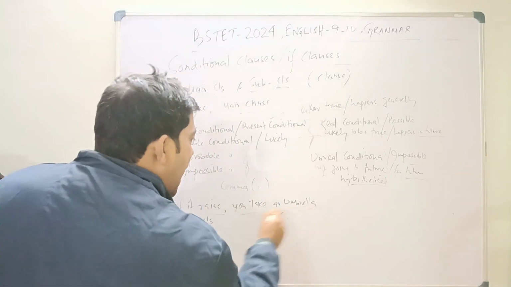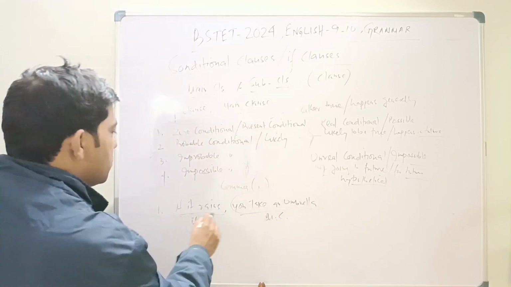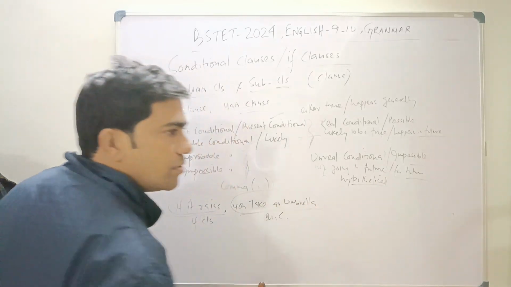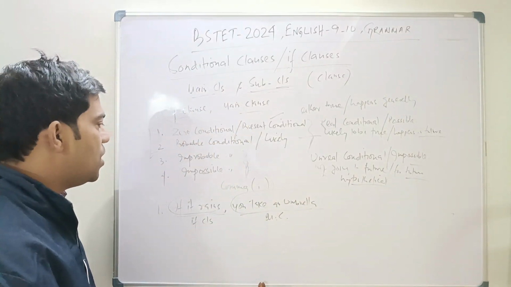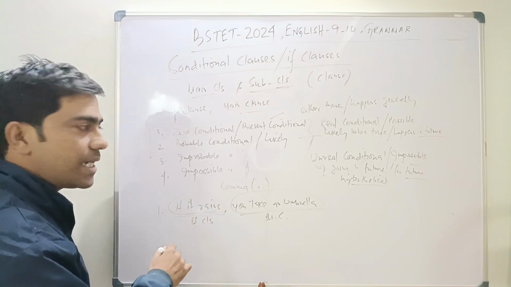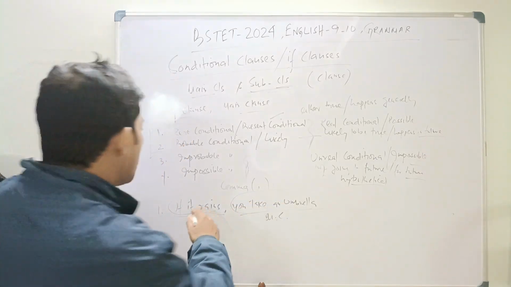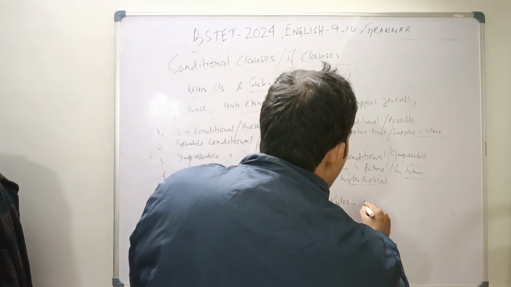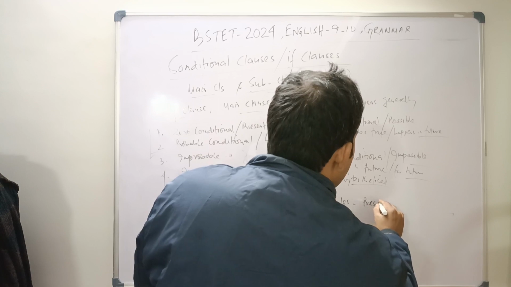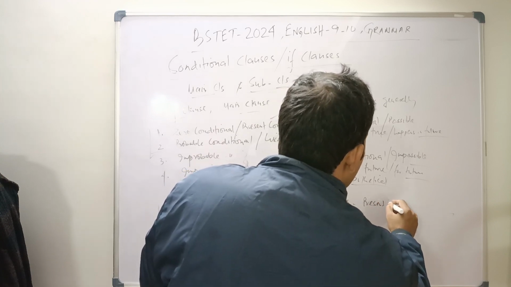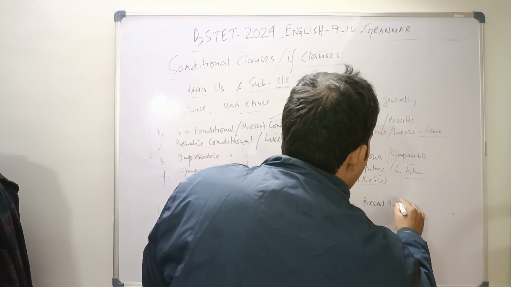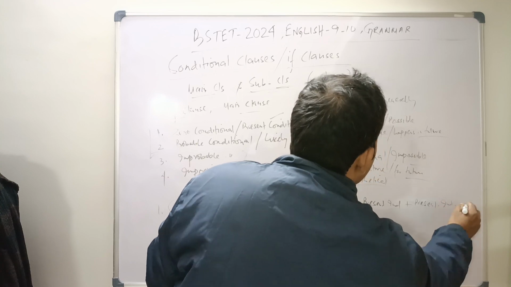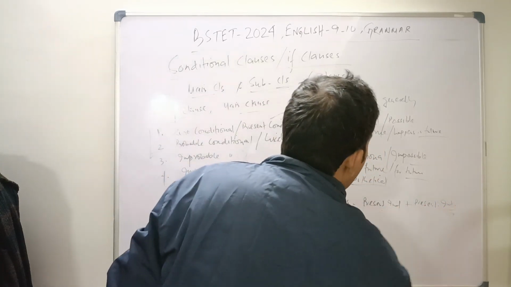The main clause idea is totally dependent on the if clause. If it rains is in present tense and the main clause is also in present tense. So in the zero conditional case, what rule will be followed? Present indefinite plus present indefinite, or present tense and present tense.